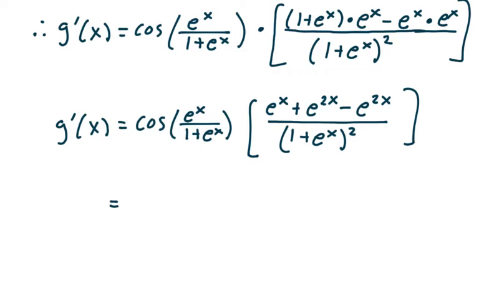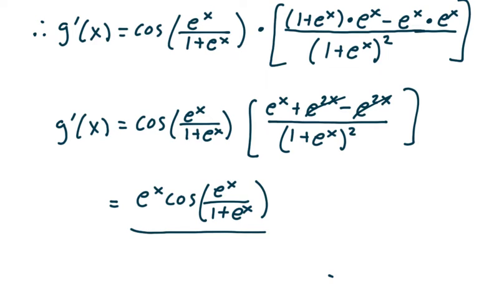And so the e to the 2x terms cancel, and we get e to the x cosine of e to the x over 1 plus e to the x divided by 1 plus e to the x to the second power. And that was problem 43.